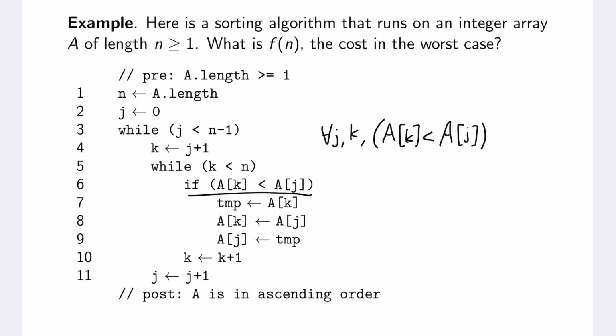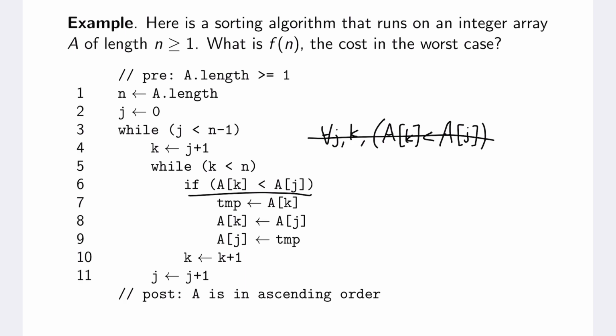You would run into a situation where A at some index is both less than and greater than A at some other index. So we're going to have to put some sort of restrictions on j and k based on what the code is doing.